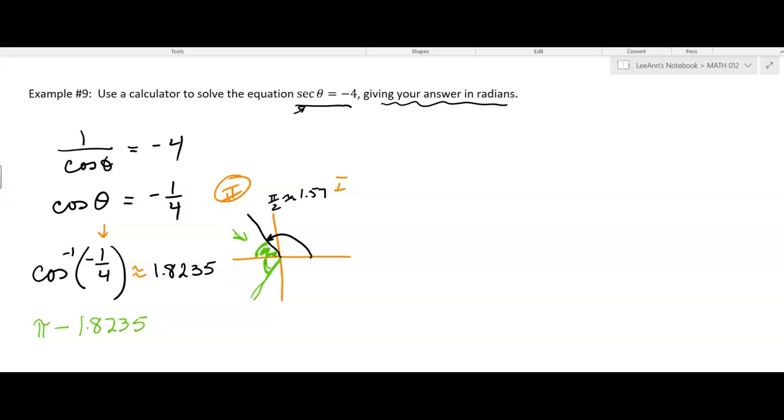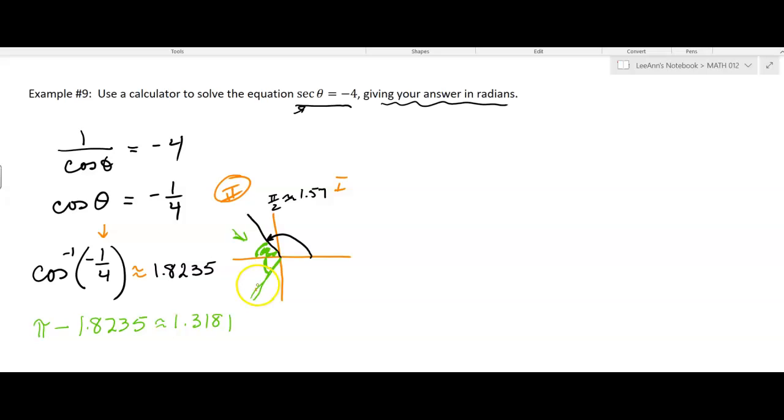So I'm going to do that on my calculator. Pi minus 1.8235. And I get 1.318. Okay, that's what I got. So that's the reference angle.